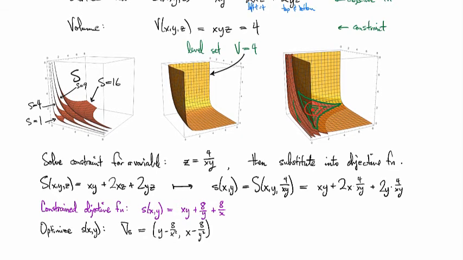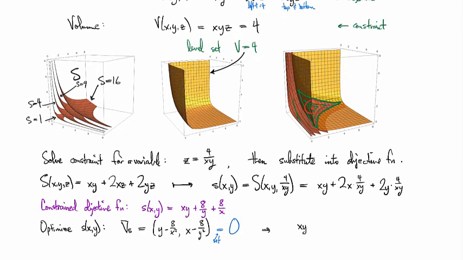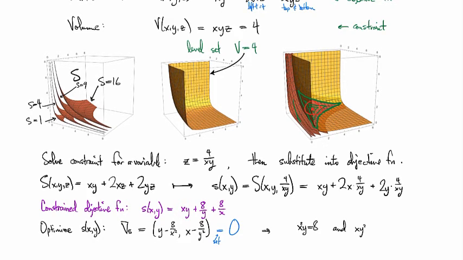And then we set this equal to 0 for the first derivative test, and that gives us a pair of equations: x squared y equals 8, and xy squared equals 8.